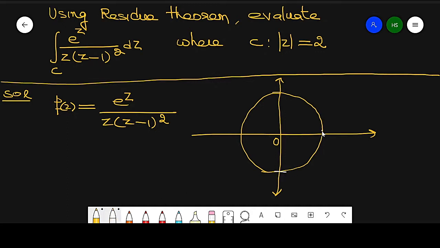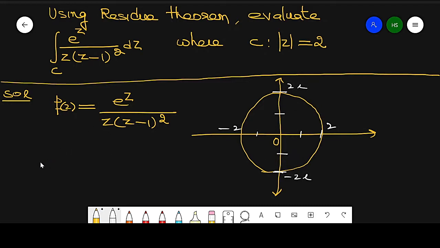So this is 2, this is minus 2, 2 iota and minus 2 iota. This is 1 here, and 2.